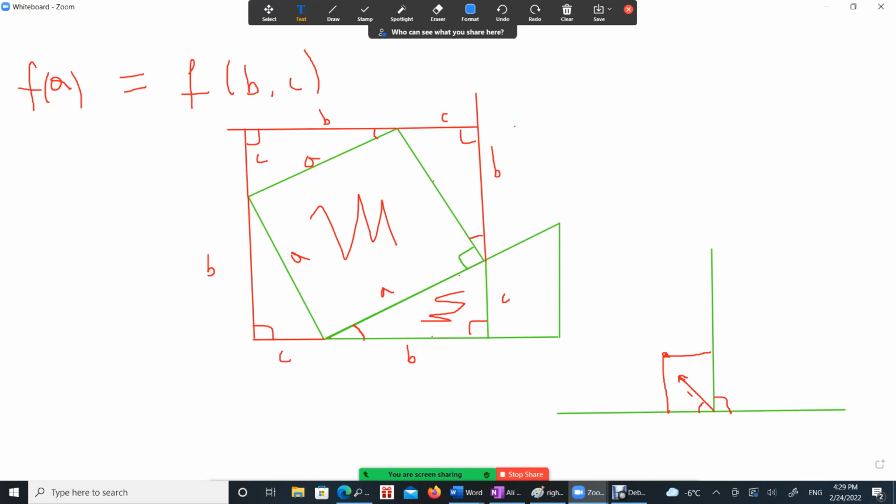Concepts here are different. We've built a square that is nevertheless related to the triangle that we first started with.